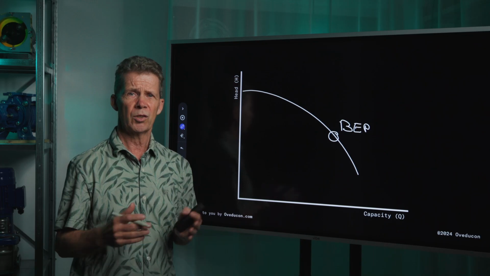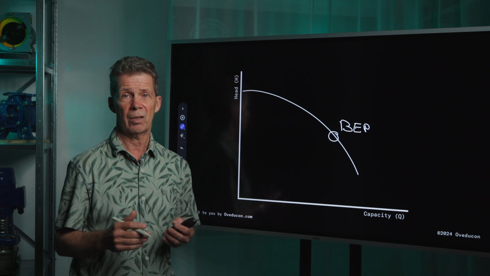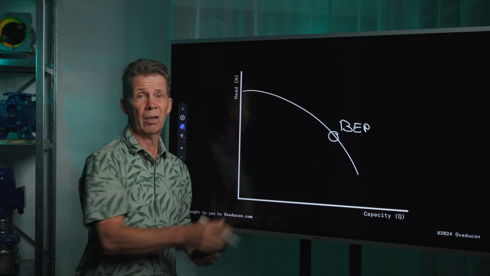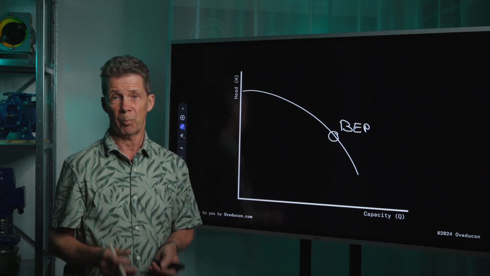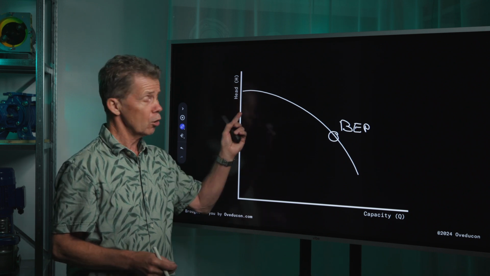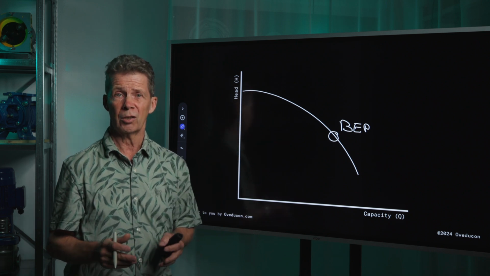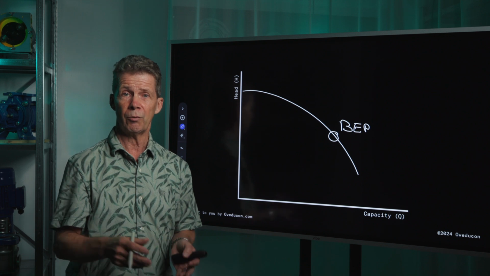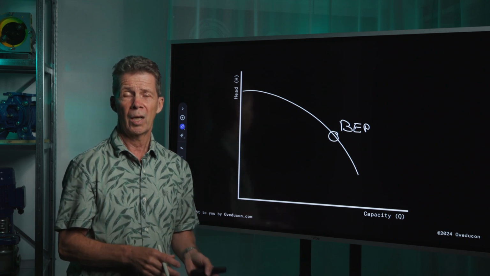A lot of people, however, think that this is the only thing that will change and will therefore happily size their pump anywhere as long as it is on the pump curve. But a drop of efficiency is not the only thing that will change if you deviate too much from BEP. I have two examples for you to show you what can happen if you deviate too much from BEP.